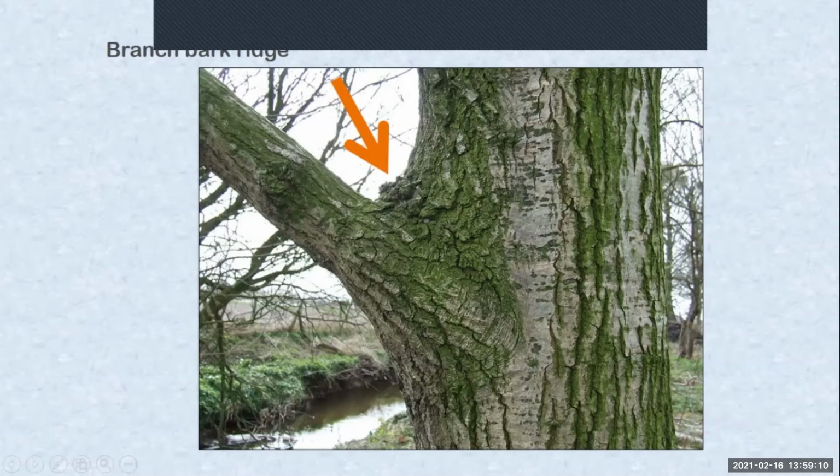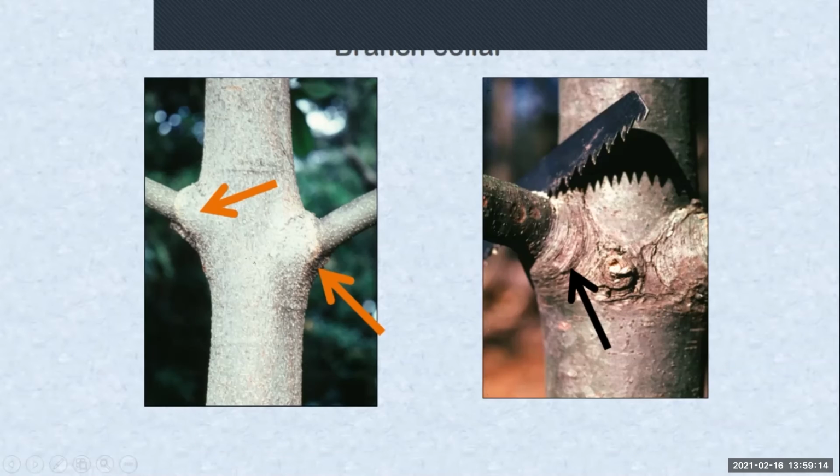So you look for the branch bark ridge, and you also look for what is called the branch collar. The collar is simply a combination of branch wood and trunk wood that is wrapping around the branch.